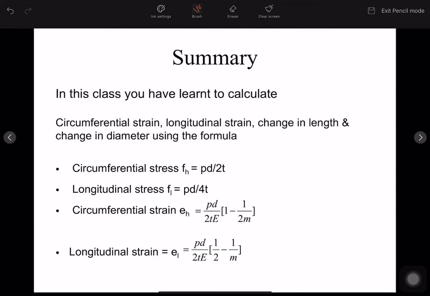In this class you have learnt how to calculate circumferential strain, longitudinal strain, change in length, change in diameter using various formulae. Circumferential stress you already know, and in this class we have seen epsilon h and epsilon l values.